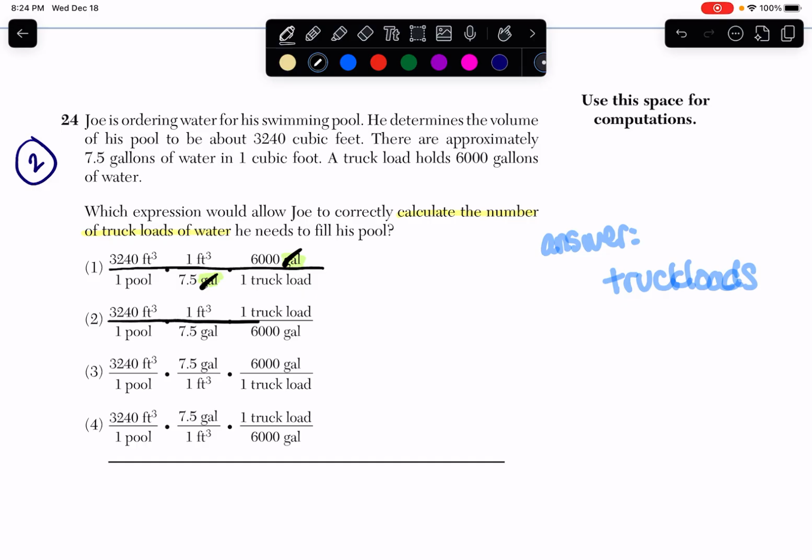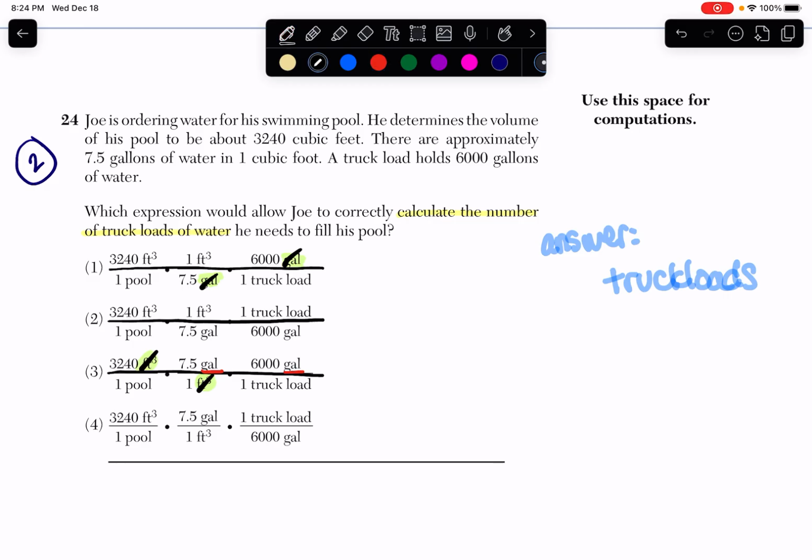Let's look at my other examples. In answer choice 2, I have gallons on the bottom twice, I have feet on the top twice, so nothing cancels. In answer choice 3, I have feet on the top and the bottom in the numerator and the denominator, so the feet cancel out. However, gallons is on the top twice, so that's no good.